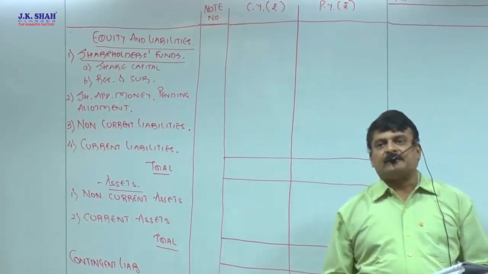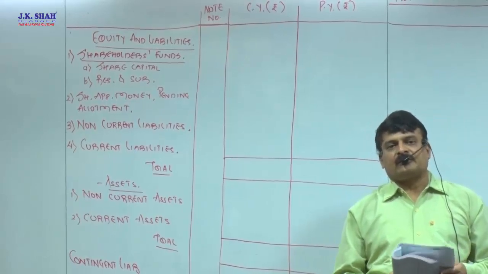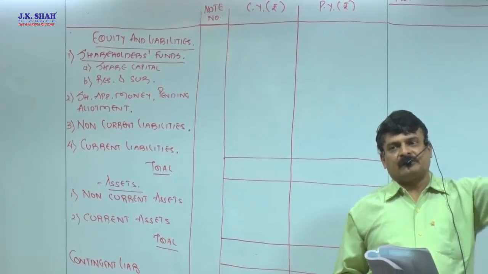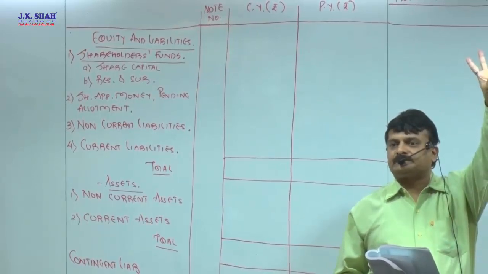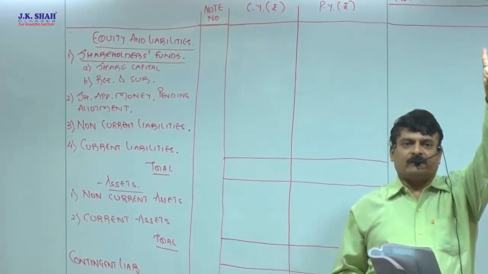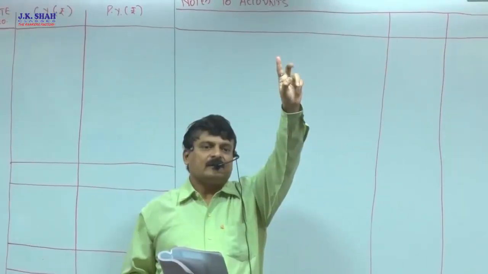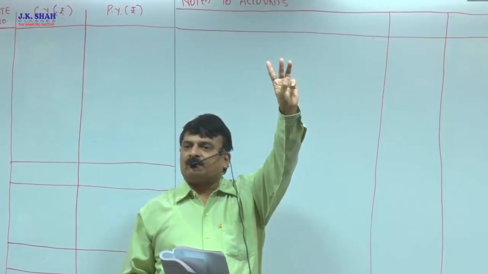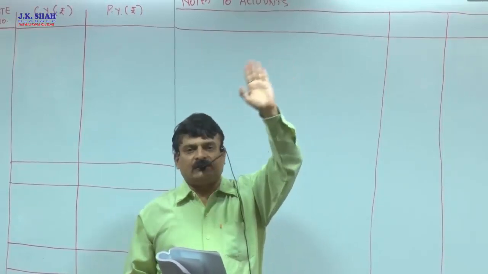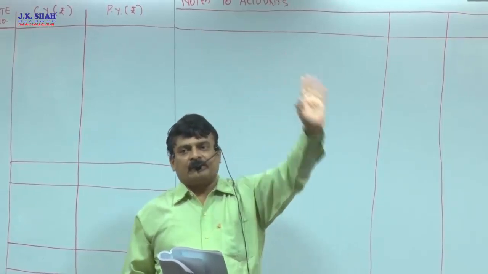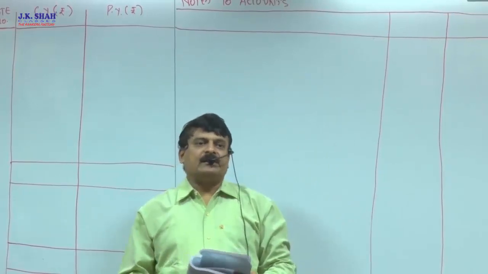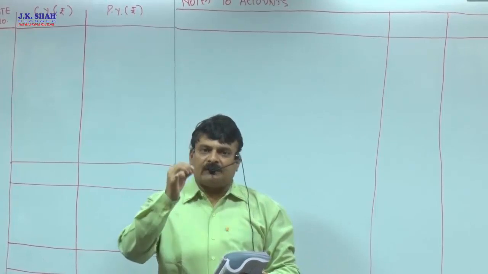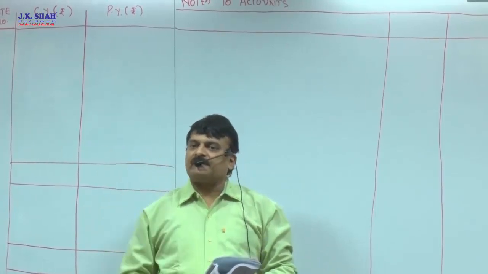And the last one, short-term provisions. Short-term provisions will include three: provision for taxation, proposed dividend, and one more, which will be totally new for you. Provision for DDT. DDT is short form of dividend distribution tax.